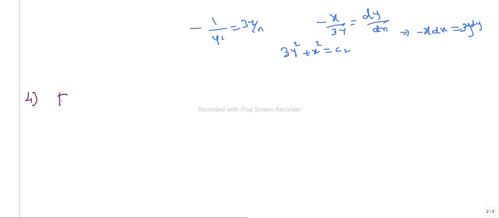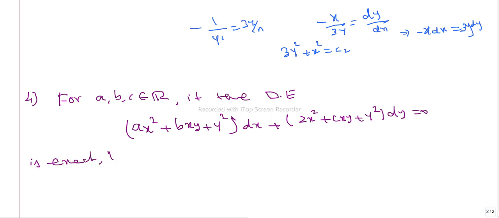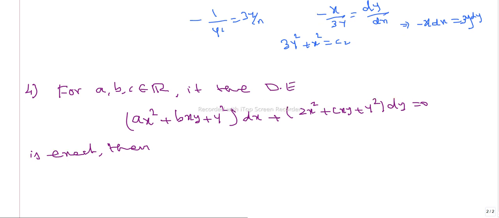For a, b, c in R, a, b, c are real numbers, if the differential equation (ax square plus bxy plus y square) dx plus (2x square plus cxy plus y square) dy equal to 0 is exact, then what are the values of a, b, c?